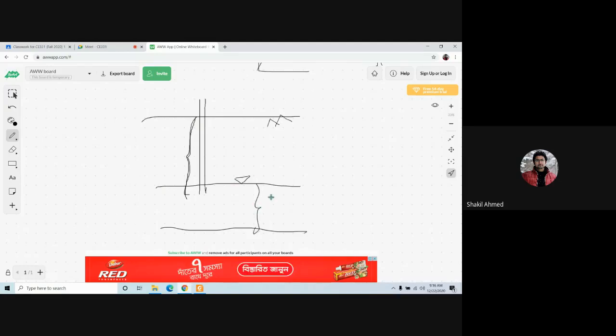Am I right? If you know the location of the aquifer, then you'll be able to identify how deep you will go into the soil. Okay, so that's your first task. And how do you do that? Okay, I'll tell you after a 2 minute break.